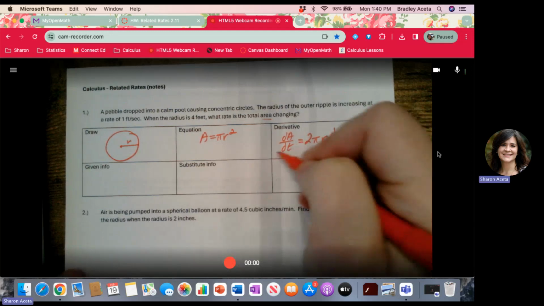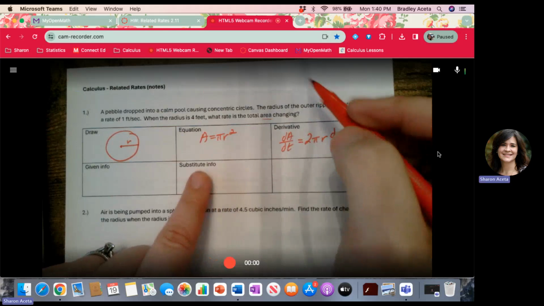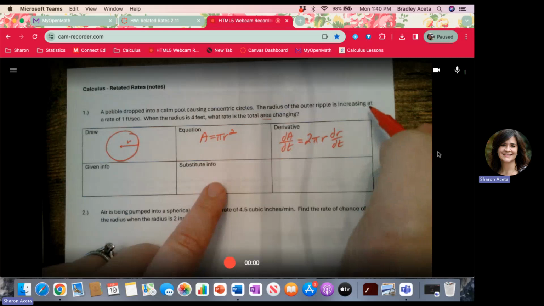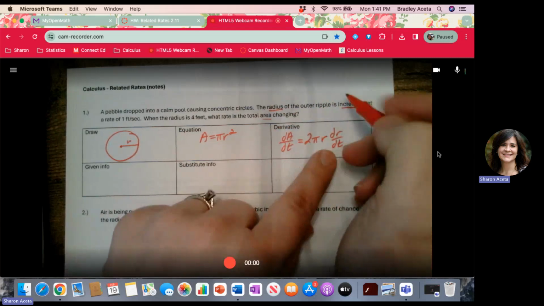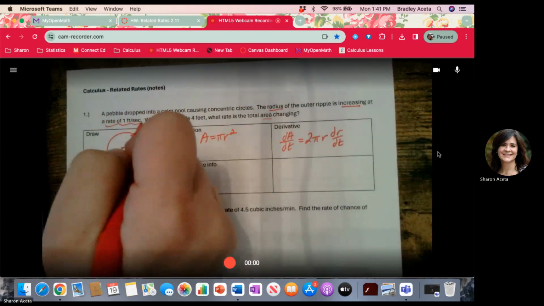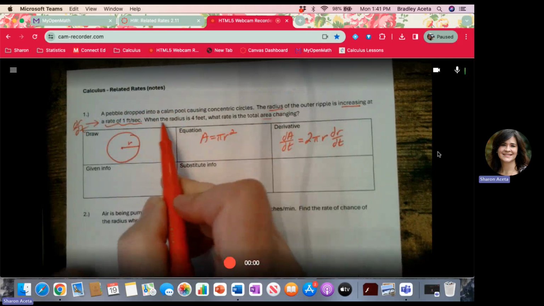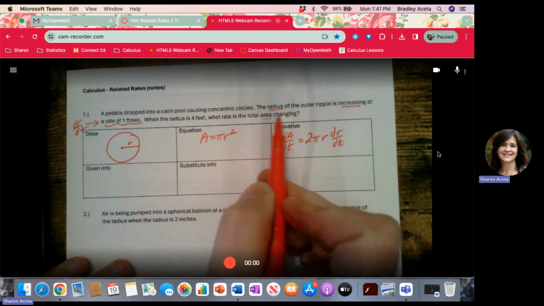So now that I've gotten this derivative, let's go back and read through our story again. The pebble is dropped. The radius of the outer ripple is increasing. The radius is increasing. That's dr/dt right here. When the radius is 4, what rate is the total area changing?